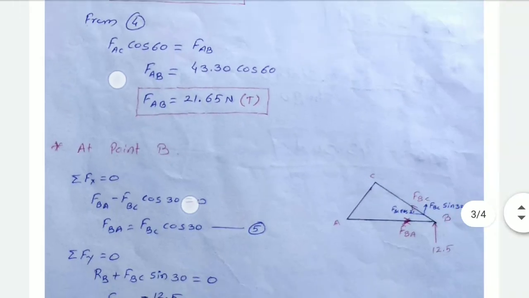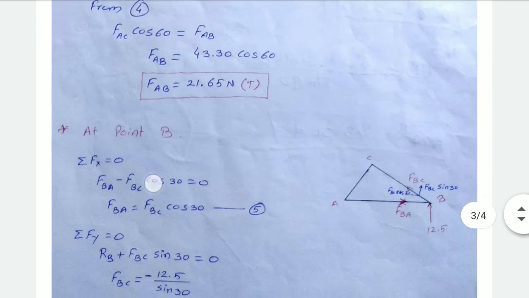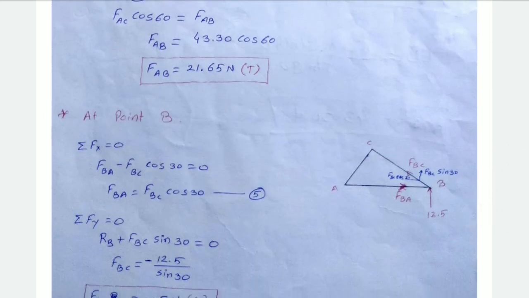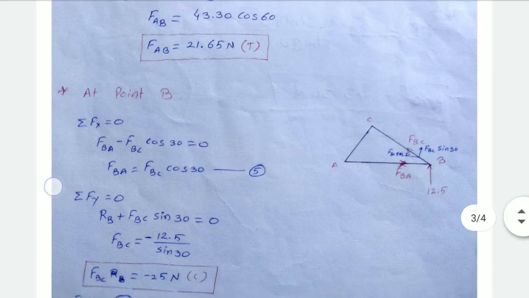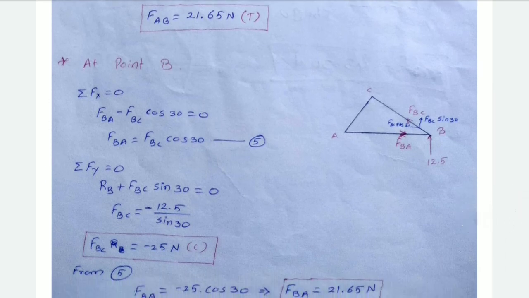In the same way, we have to find the same for point B. We know that FAB is coming towards point B and FBC is going away from C, as per the cyclic law. FBC is again resolved in two directions: FBC sin 30 and FBC cos 30.